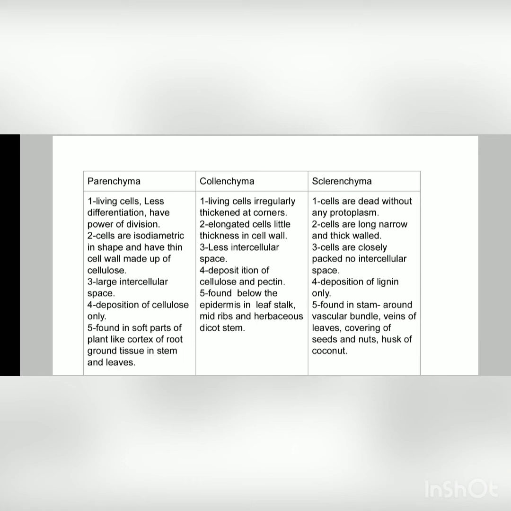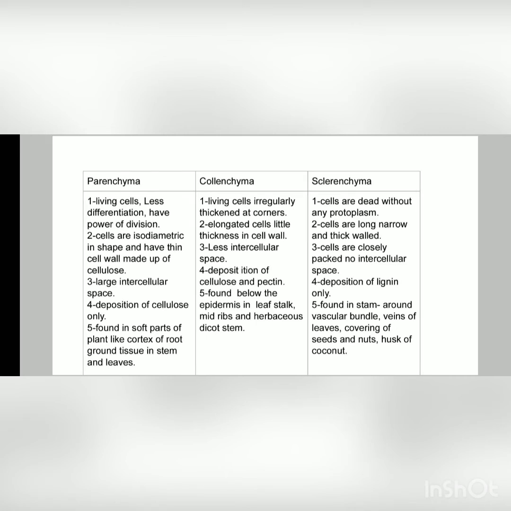Deposition of cellulose is found in the cells of parenchymatous tissue, and in the cell wall of collenchyma the deposition of cellulose and pectin is found, and in sclerenchyma the deposition is of lignin.